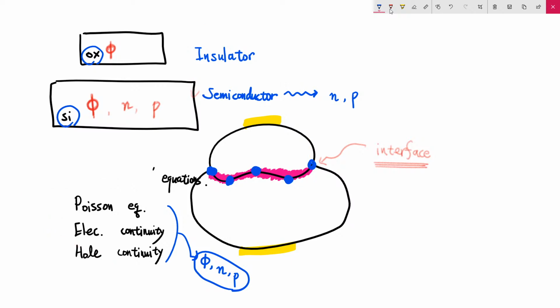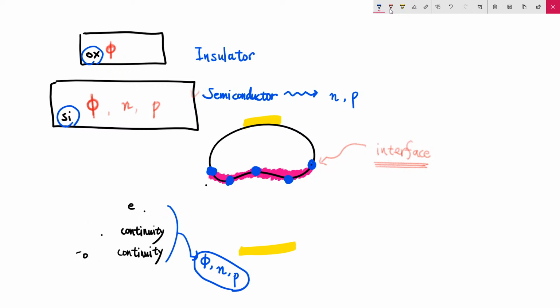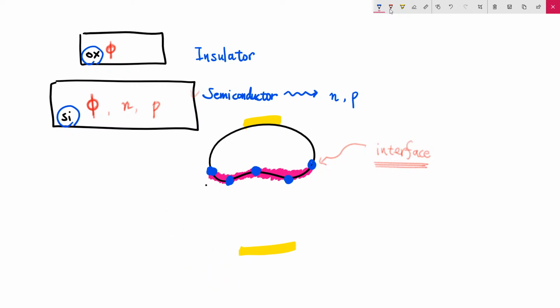How about your opinion? If we adopt such a configuration of unknown variables, now we can say that electrostatic potential is defined on both the semiconducting material and the insulating material.